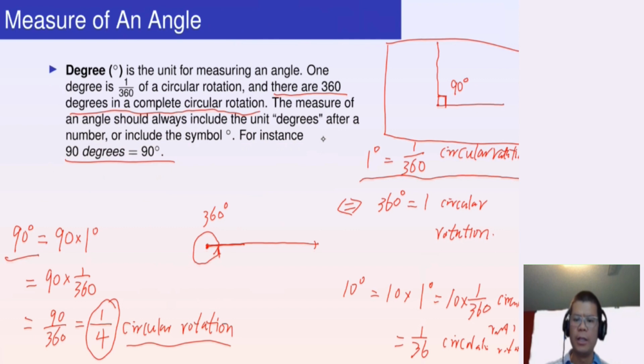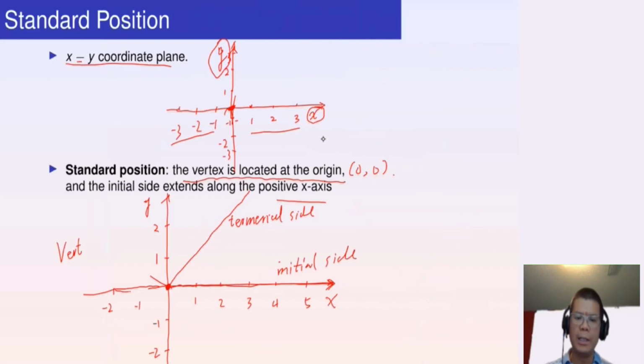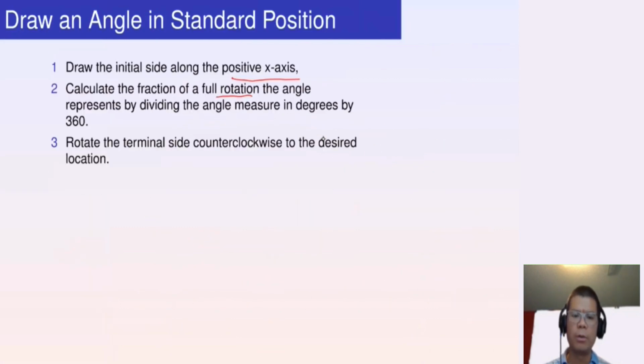Calculate the fraction of a full rotation represented by dividing the angle measure in degrees by 360. Then rotate the terminal side counterclockwise to the desired location.